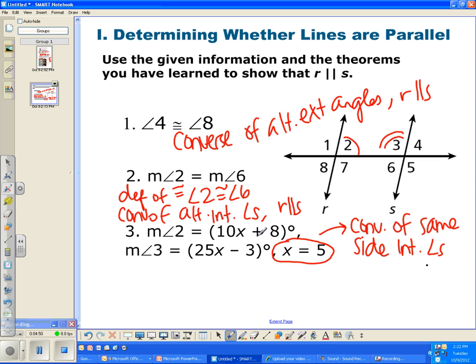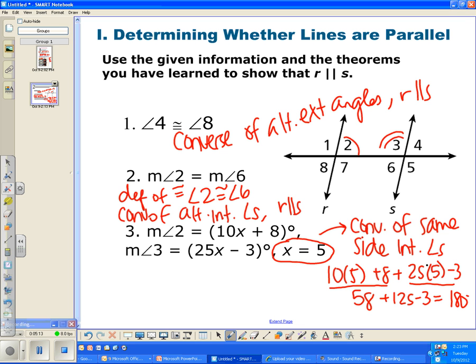So I'm going to plug in 5 for x and see if we add them up, so this was angle 2, and here's angle 3, will they equal 180 degrees? Well, 10 times 5 is 50. 50 plus 8 is 58. 25 times 5 is 125. Minus 3 is going to equal 180 degrees. So since they equal 180 degrees, you have to show this work on your assignment tomorrow. Then you can say R is parallel to S.